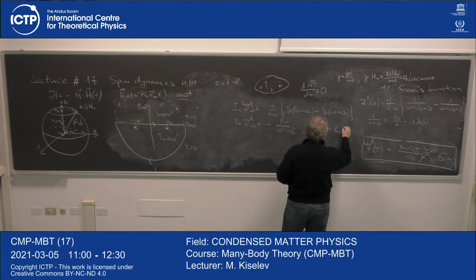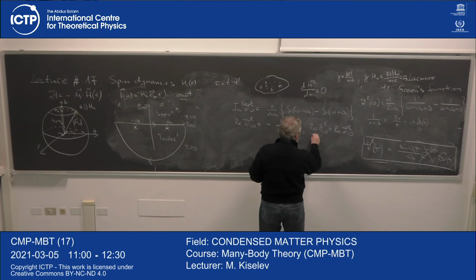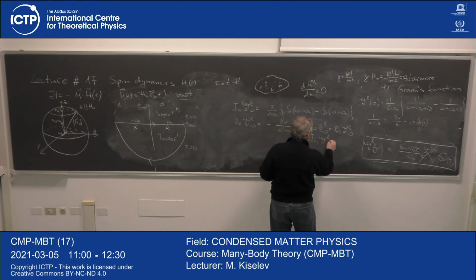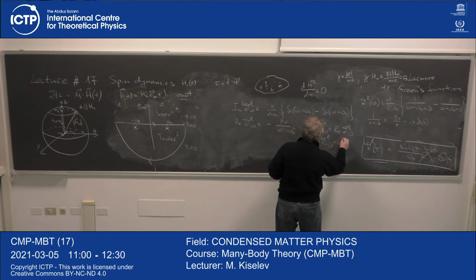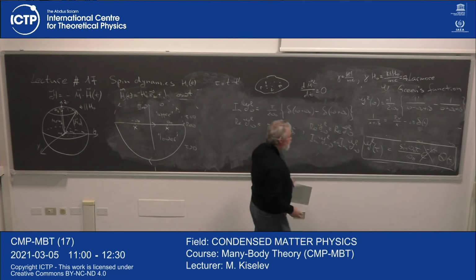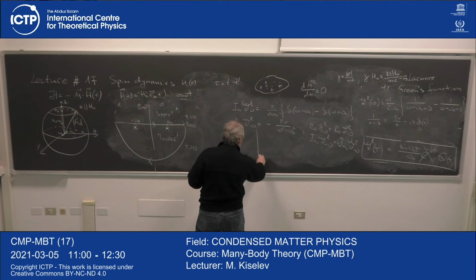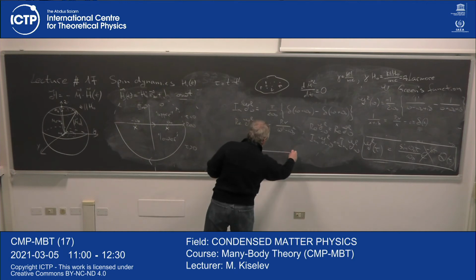First of all, we see that the real part is an even function of omega, and we see that the imaginary part is an odd function. So the imaginary part, if we plot it, consists of 2 delta functions.